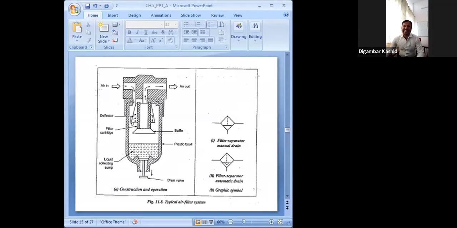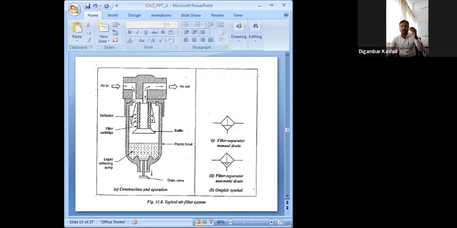Now how does it operate? The air to be filtered is allowed to flow in a downward direction. You can see the air will come from this port; the air input is here. From this port, air will come and is allowed to flow downward with a swirling motion.